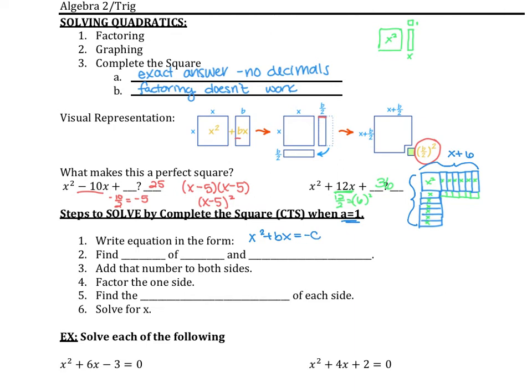Then I'm going to find half of the b value and square it, or b divided by 2 squared. I'm going to add that number to both sides. I'm going to factor the one side. And then, because I'm using squares, I'm going to find the square root of each side, and then I'm going to solve for x. All right, let's give it a shot.